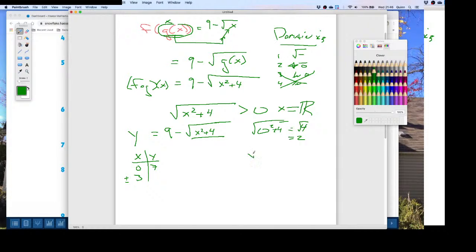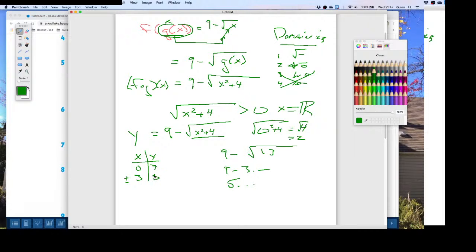So if you do that, you're going to have x squared, meaning 3 squared, which is 9, plus 4, the square root of 13. And you're going to have 9 minus the square root of 13. And what's going to happen is the square root of 13 is going to be something like 3 point something. So 9 minus 3 point something, which will be somewhere like 5 point something.